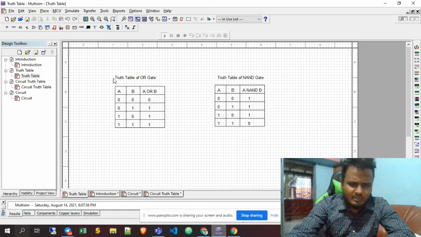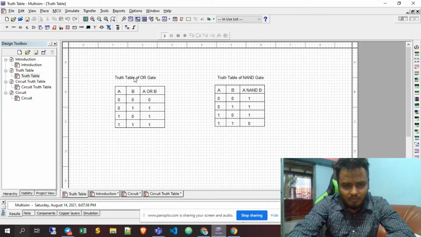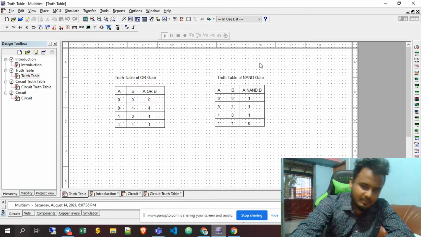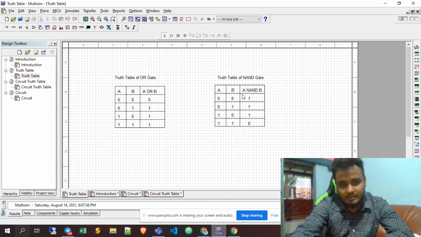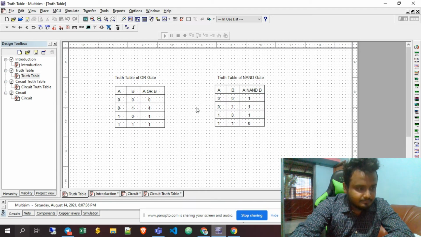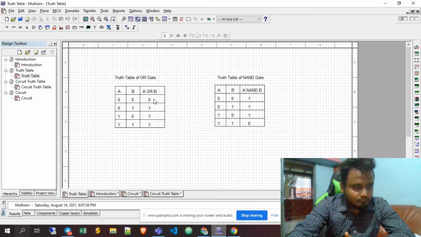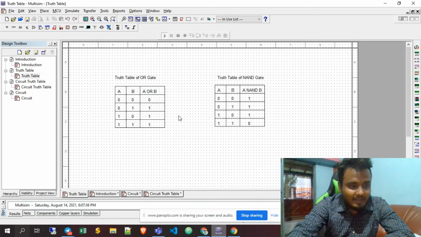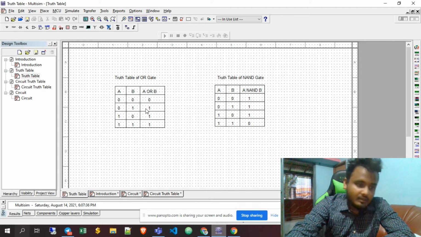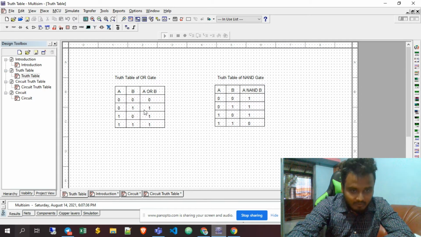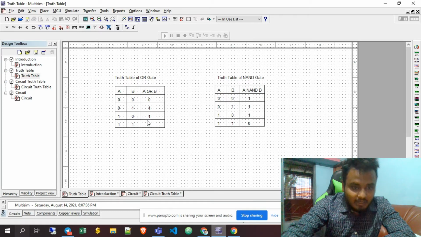If we take a look at the truth table of the OR gate, here is our OR gate, and here is our NAND gate. In other words, for the output to be 1, at least one input must be 1.